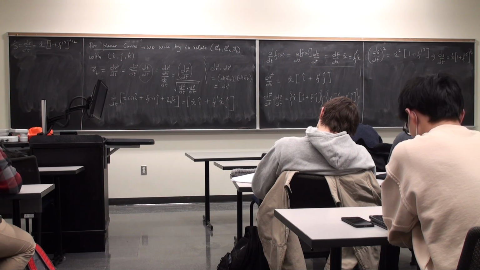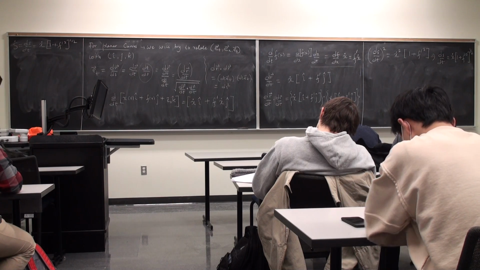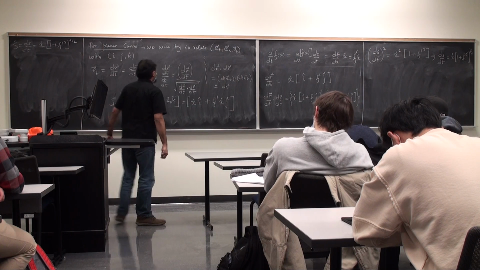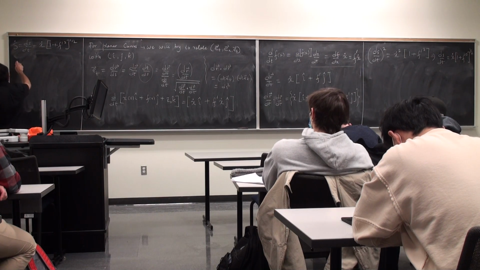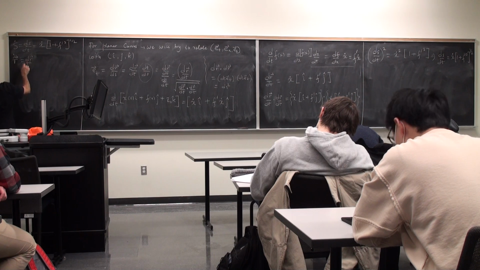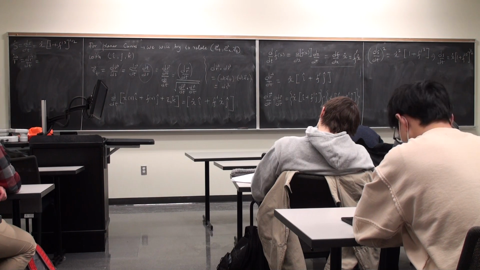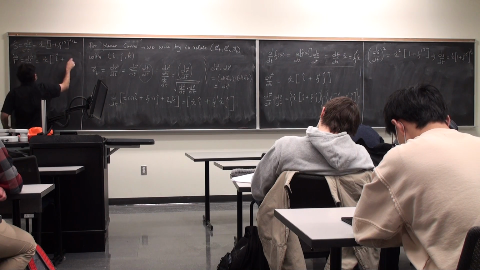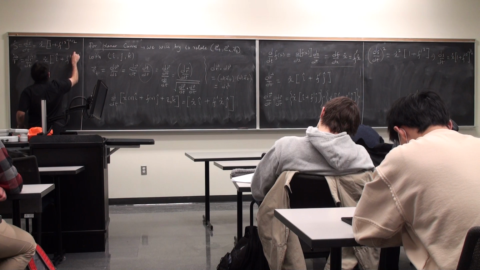I can differentiate it one more time and do other things as needed, on a need-to-do basis. dr by dt is r dot, which is x dot i hat plus f prime j hat.